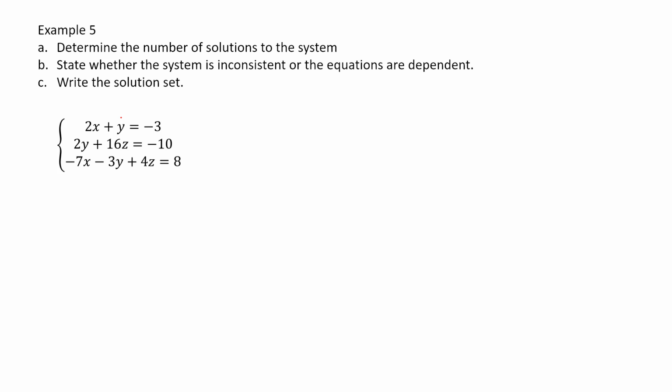Okay, here's another situation. We want to determine the number of solutions to this system. So I'm going to call them A, B, and C again. I'm going to use A and B to eliminate the y's. I could take equation A and multiply it by negative 2. That is going to give me negative 4x minus 2y equals 6.